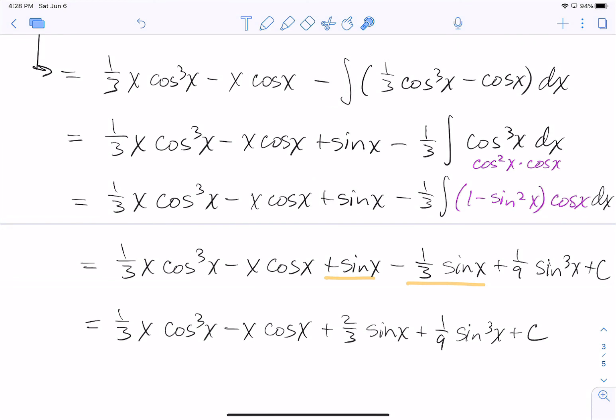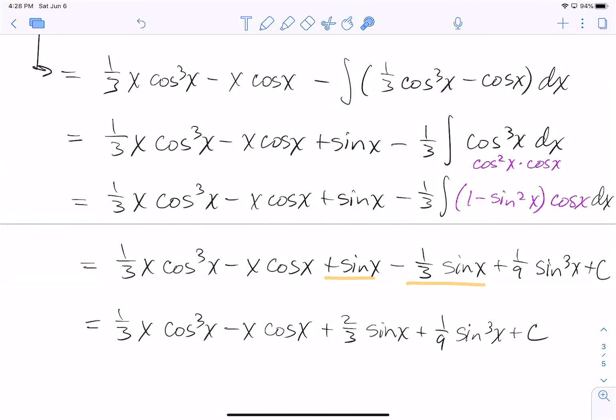So we end up with 1/3 x times the cosine cubed of x minus x times the cosine of x plus the sine of x. All of that from the previous work that we had done. Then when we integrate negative 1/3 times the cosine of x dx, we get negative 1/3 sine of x.